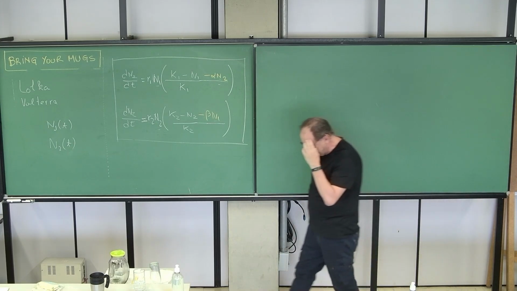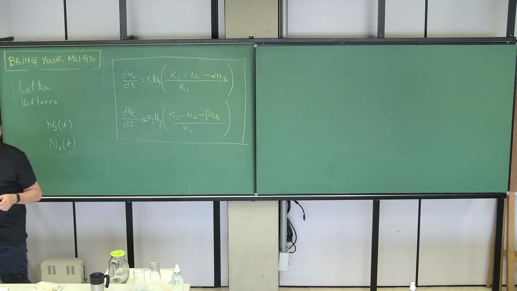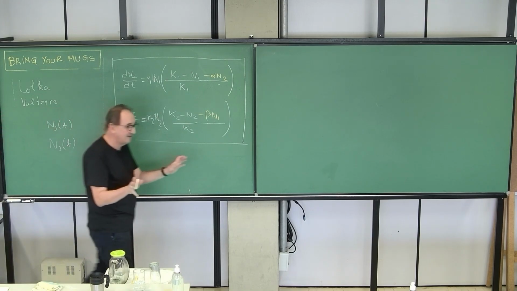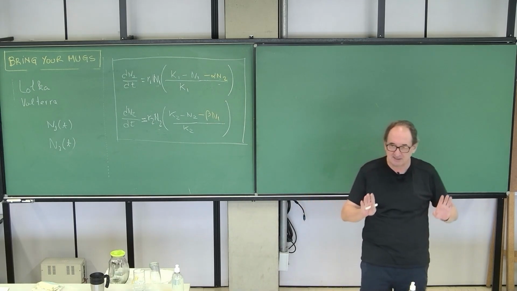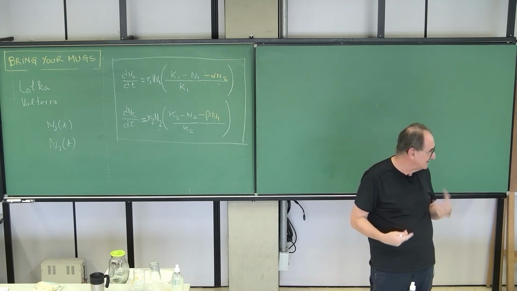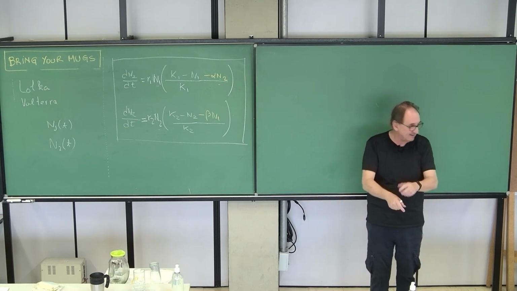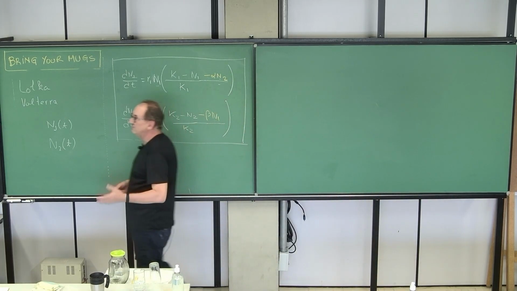One is called Paramecium caudatum, the other is aurelia, and he grew them separately and saw that the population stabilized at a certain carrying capacity. So you could measure the carrying capacities before making them compete, and then he put them together in the same container, and they compete, and one of them eliminates the other.